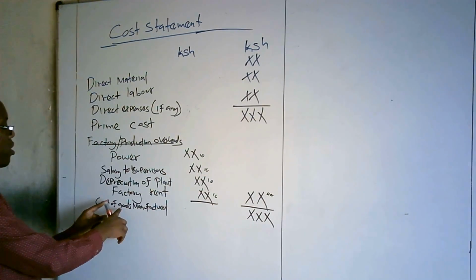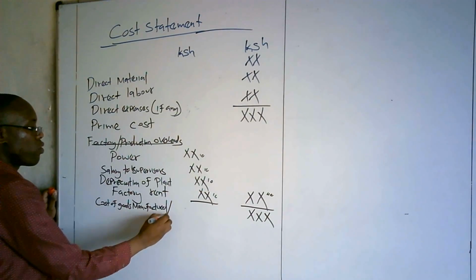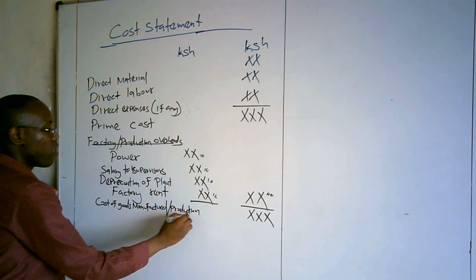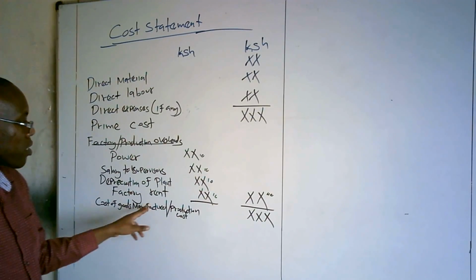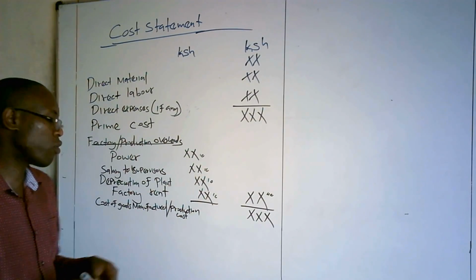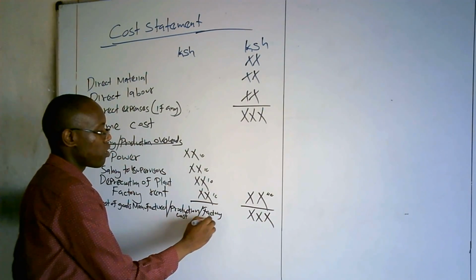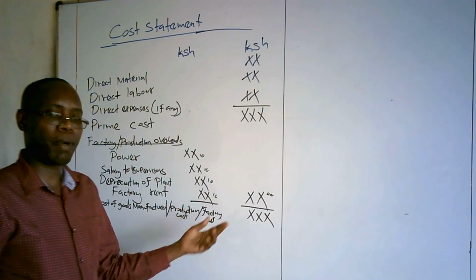And then you can call it cost of goods manufactured, or what we call the production cost. So cost of goods manufactured is the same as production cost. It's also the same as factory cost.